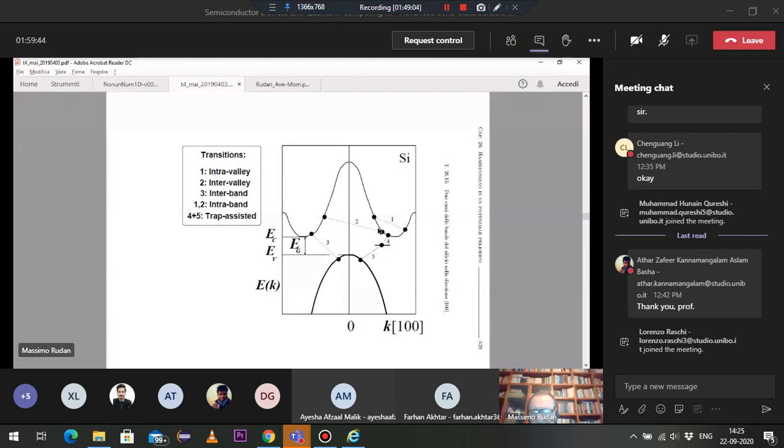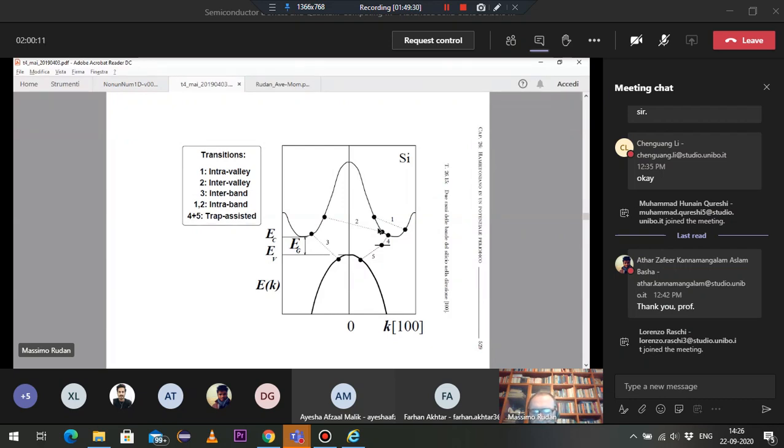And then the next term is the quadratic term, and then you stop the expansion. So we simplify the picture by considering in the conduction band only the Taylor expansion of the band near the minima, and we truncate the expansion at the second order.